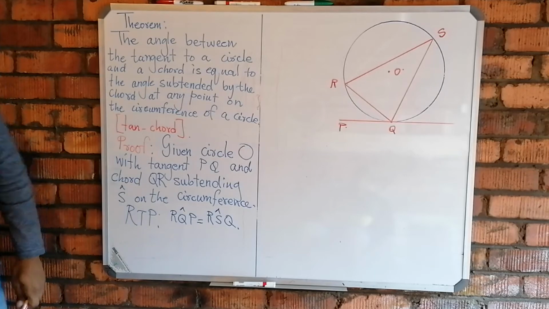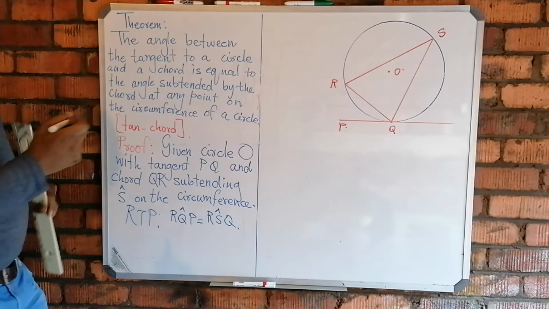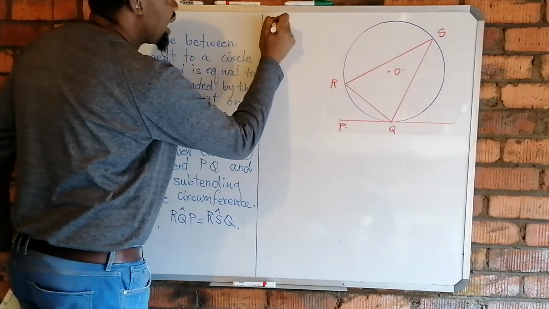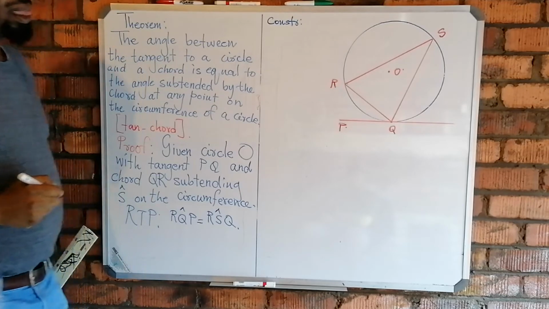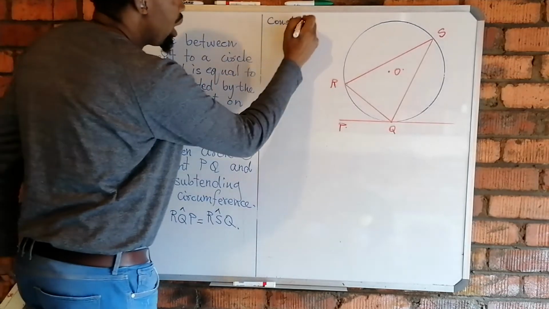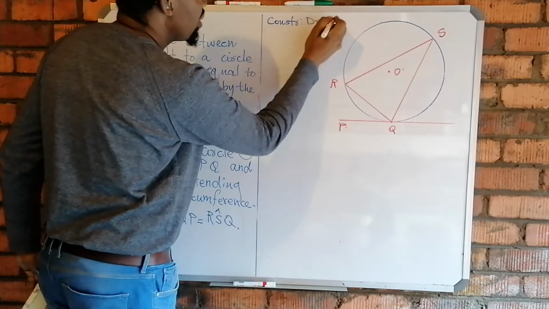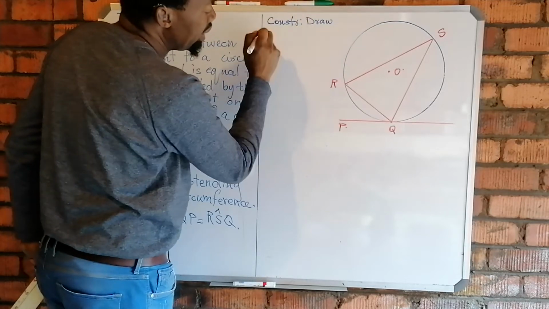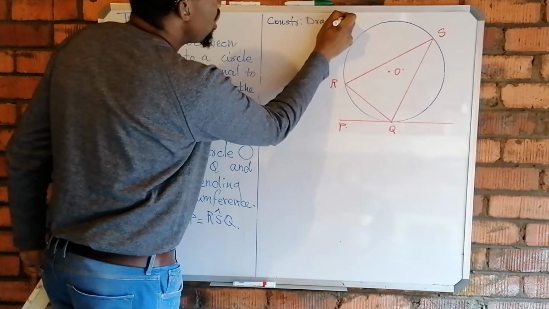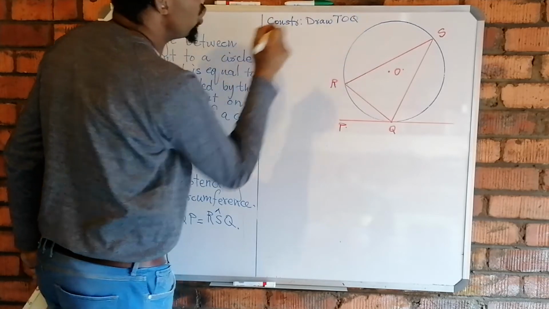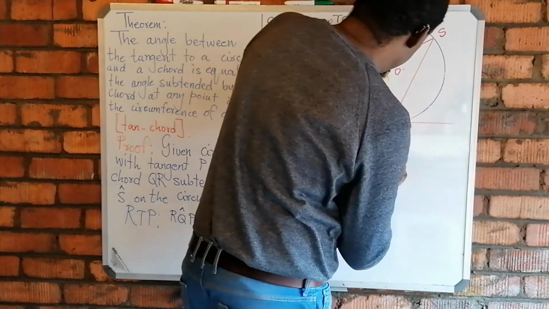Now, how are you going to prove that? Step number one, construction. Your construction, you are going to draw a line. I'm just going to say it is line TOQ. Let me draw that line so that you see it.